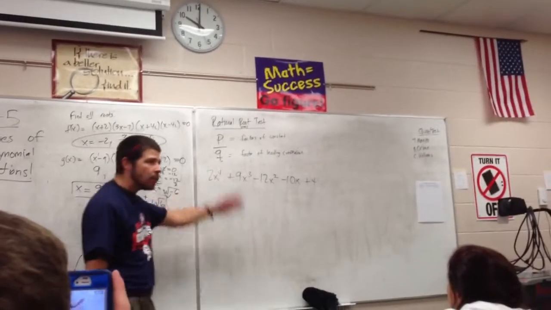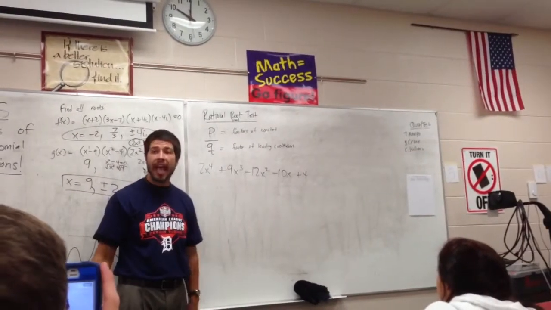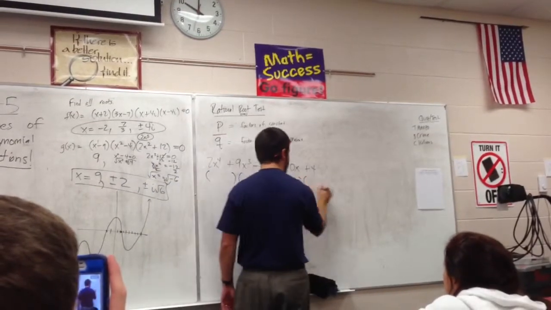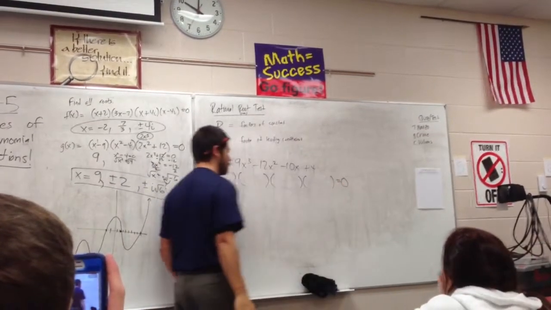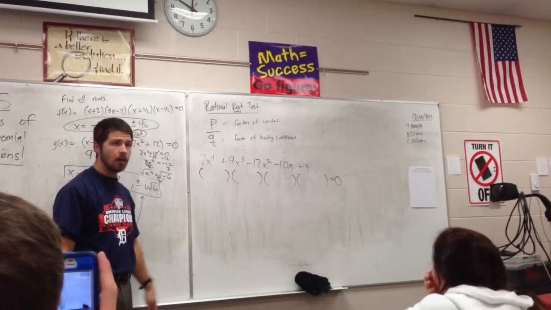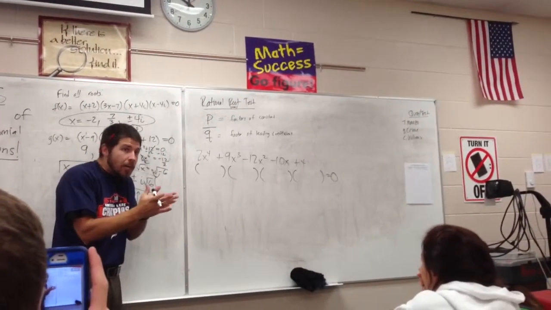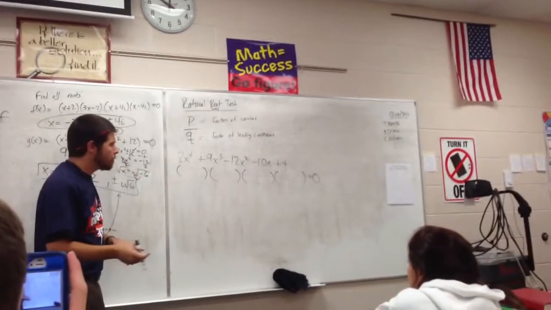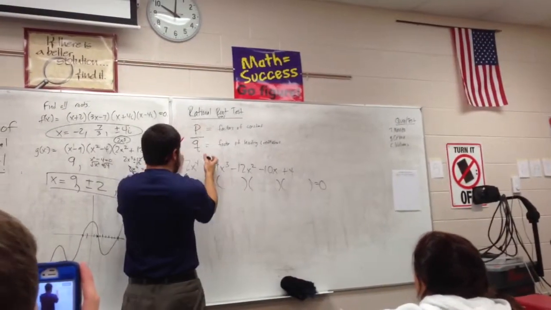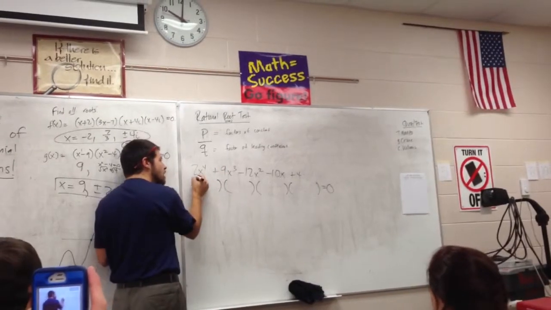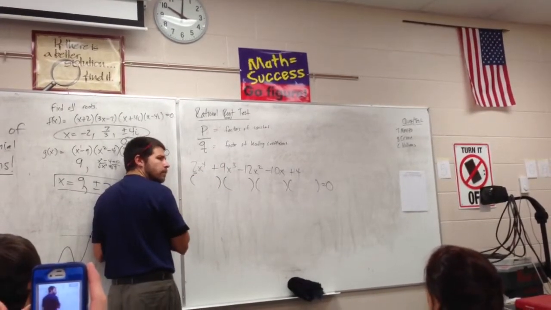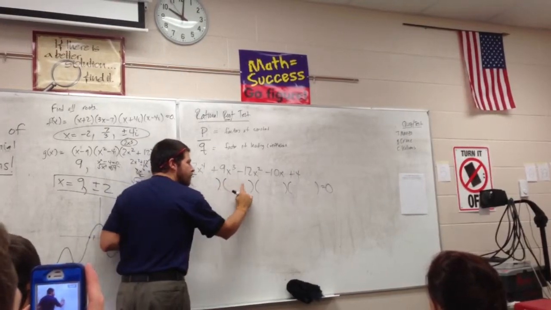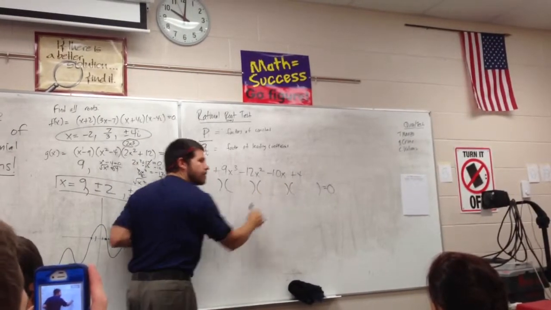What is the degree? 4. How many factors are we going to have? 4. So what I'm going to do here, don't write this down, just watch. I'm showing you where this comes from. I have 4 factors that's equal to 0, right? If I knew what I was doing, I could factor it or use synthetic division or something. The rational root test says this. My first number is a 2, right? So what do all of my first values have to be?